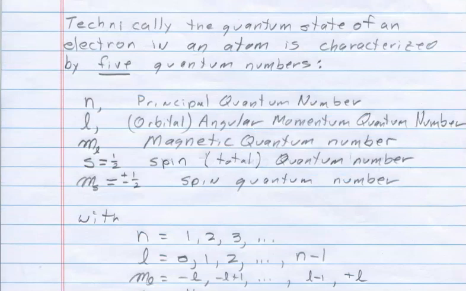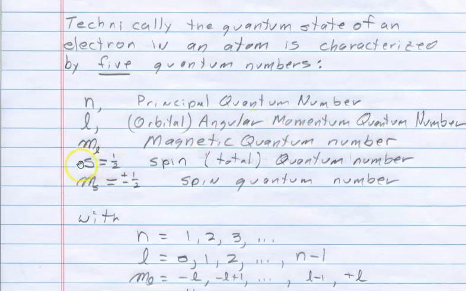Technically, the quantum state of an electron in an atom is characterized by 5 quantum numbers now. As a result, we have n, the principal quantum number. L is the angular momentum quantum number. I would call it, if you want to be precise, the orbital angular momentum quantum number. M sub L, the z component of the orbital angular momentum, is often called the magnetic quantum number.